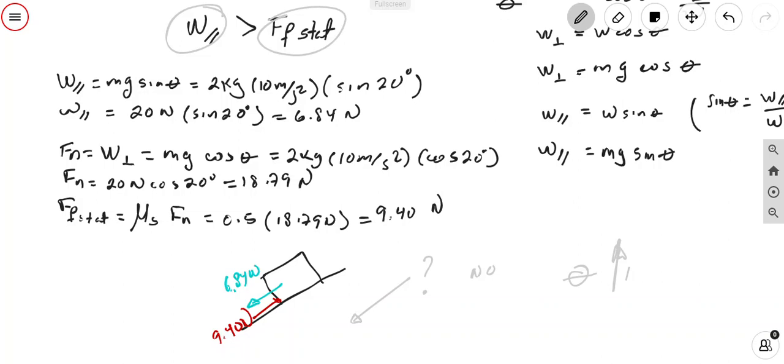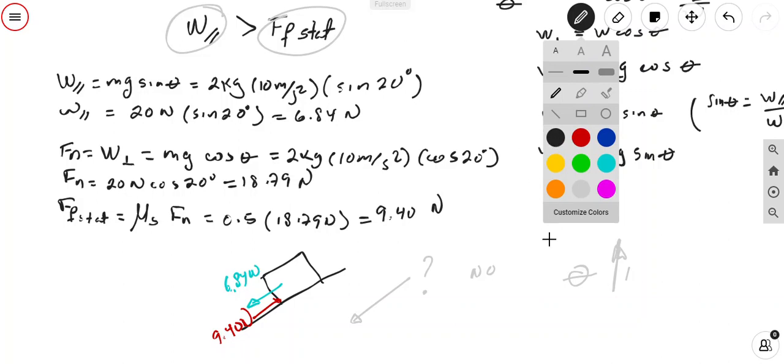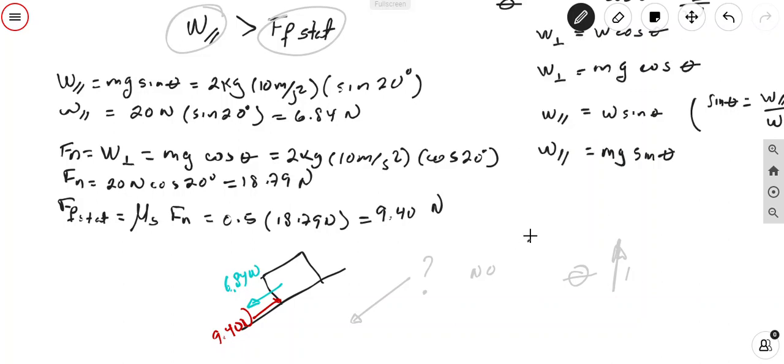This is a very interesting thing. Let us think now that the angle, instead of 20 degrees, suppose we increase the angle theta to 40 degrees. So if we use 40 degrees, we have sine of 40 times 20, which should be 12.86.